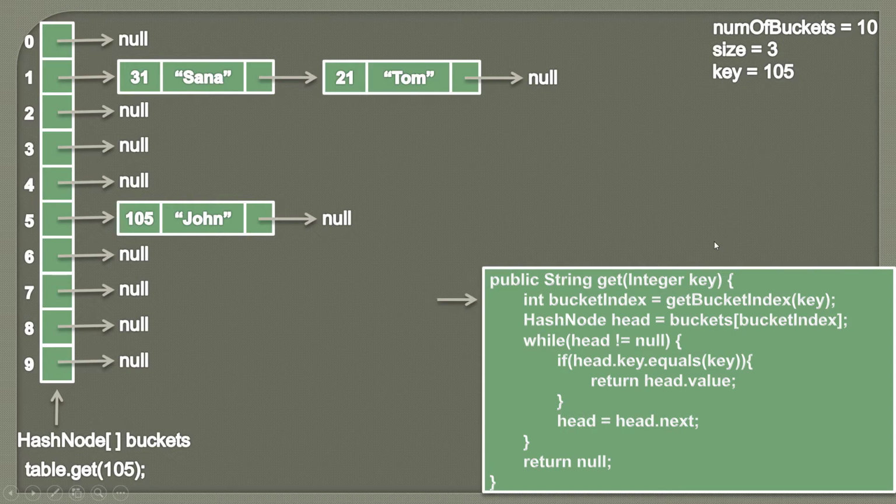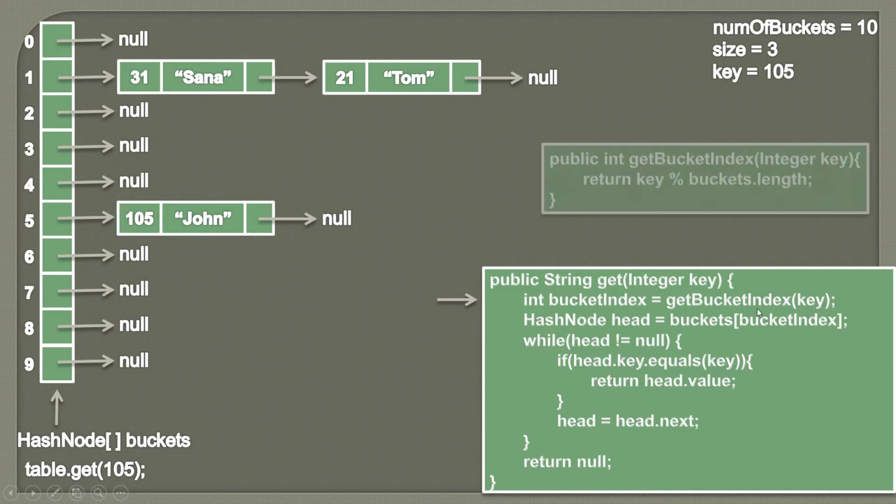So at the first step, if you want to get a value corresponding to a key, the first thing we do is try to find the bucket where that key might belong. How we can do that is we simply call our hash function, pass the key to it, and it will return us back the index.